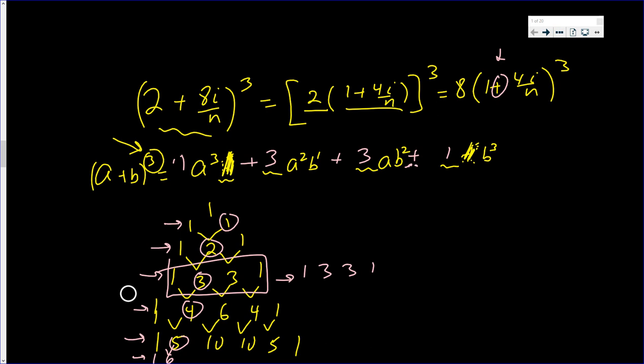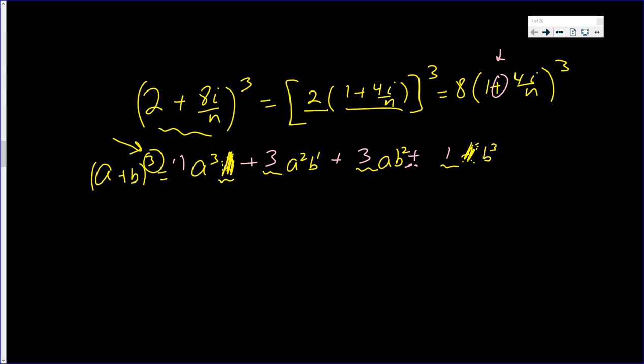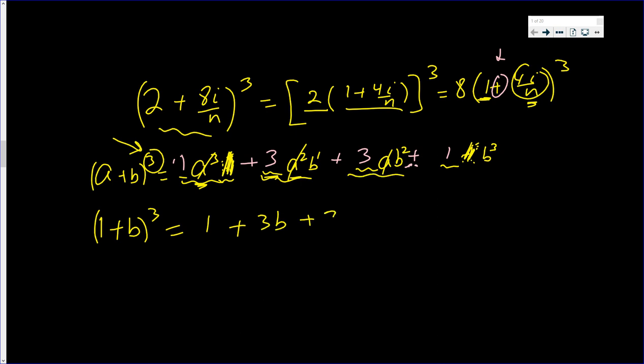Okay, now, basically, I'm going to say that's a and that's b. But a is 1. If you have (1 plus b) cubed, well, 1 cubed is 1. 1 times 1 cubed is 1, plus 3 times 1 squared is 3. That is, the a's are all 1. So you have 1 plus 3b to the first, plus 3b to the second, plus b cubed.